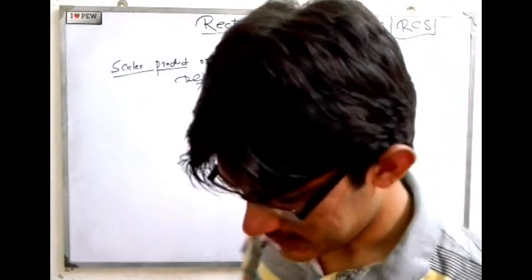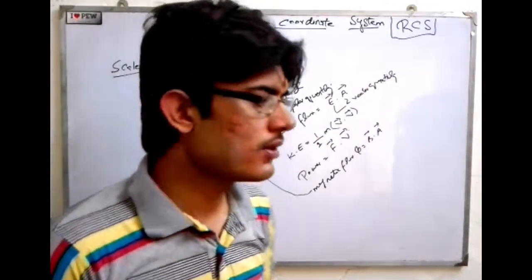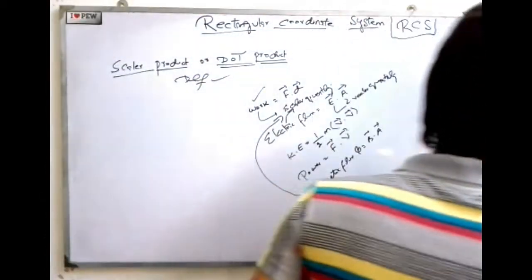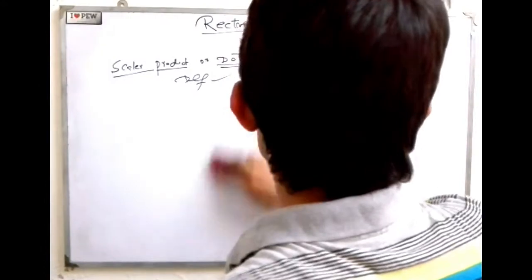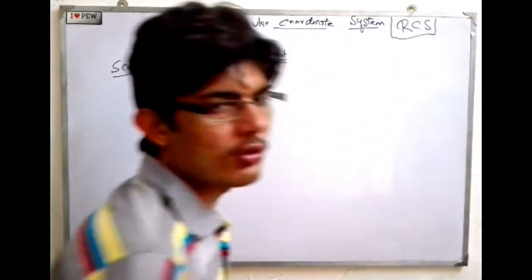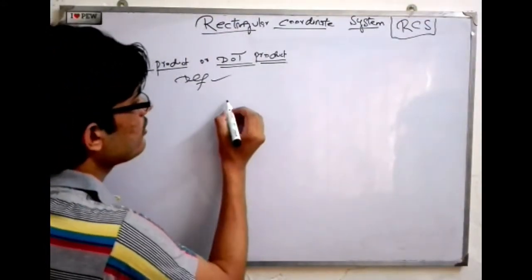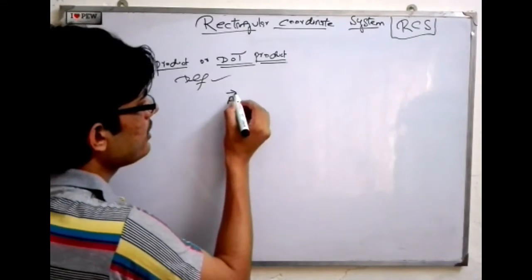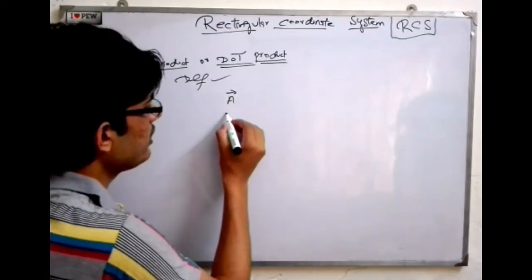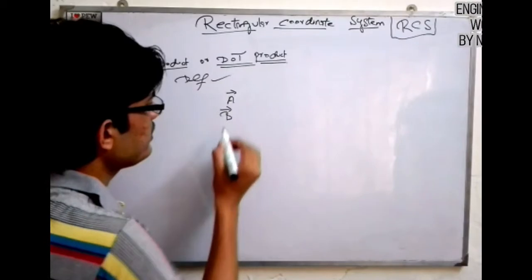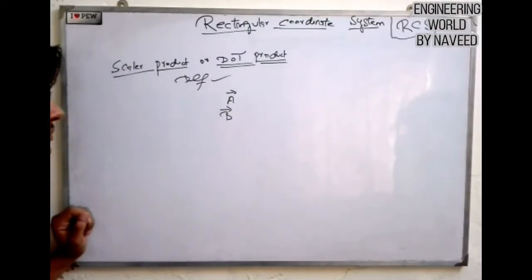Now let's explain this dot product further from a graph. Let's say we have two vectors, A represented by this symbol, and another vector B represented by this symbol.